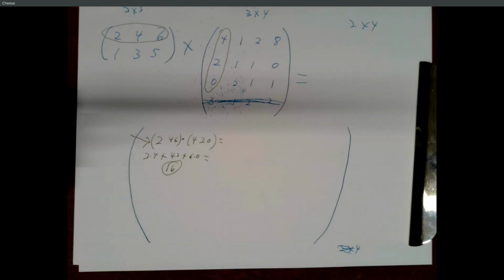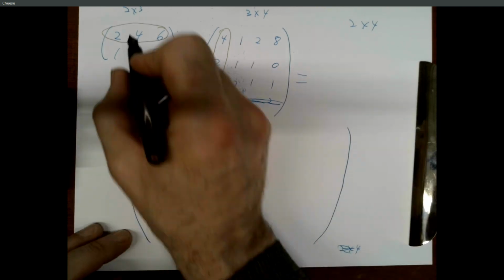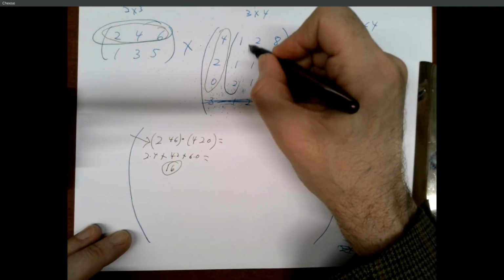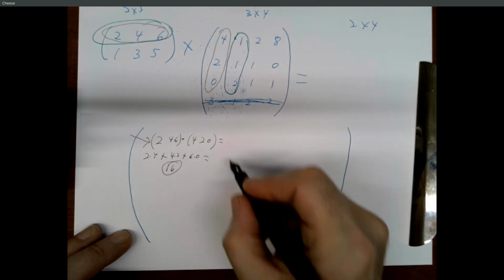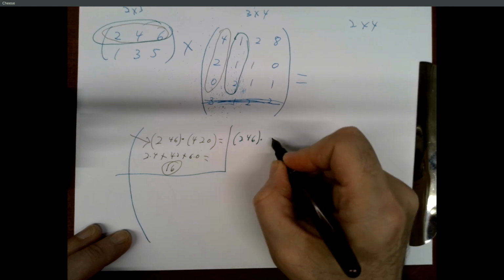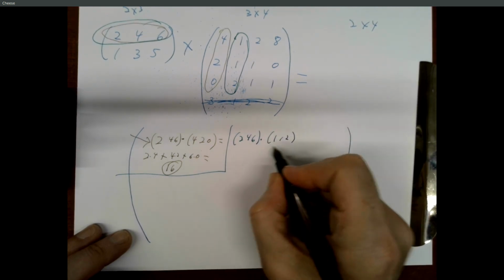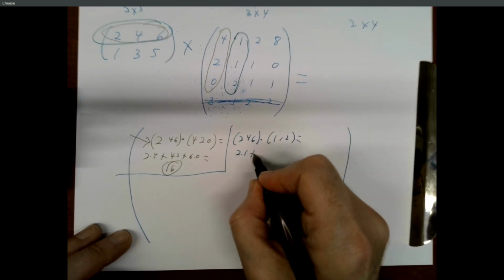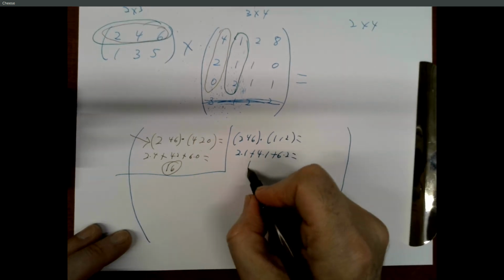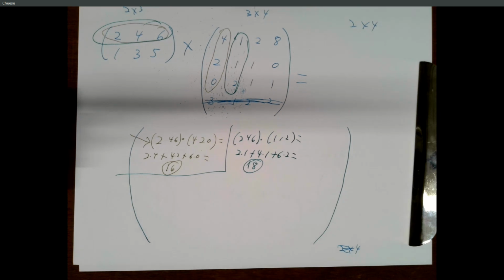All right, so the second element, first row, second column, is going to be the first row multiplied by the second column with a dot product. So the second entry is going to be 2, 4, 6, dotted with 1, 1, 2. So that's 2 times 1 plus 4 times 1 plus 6 times 2, and that's going to be 18. And you keep going.